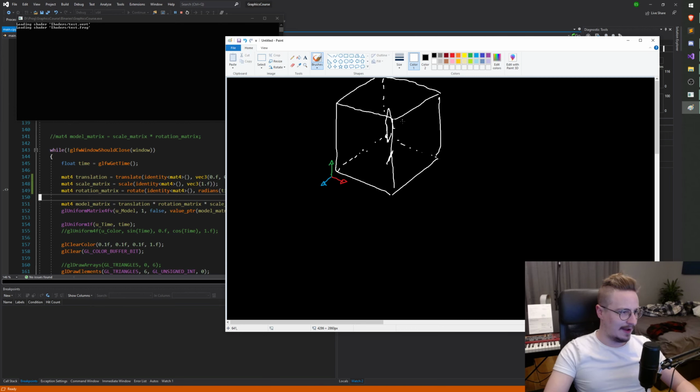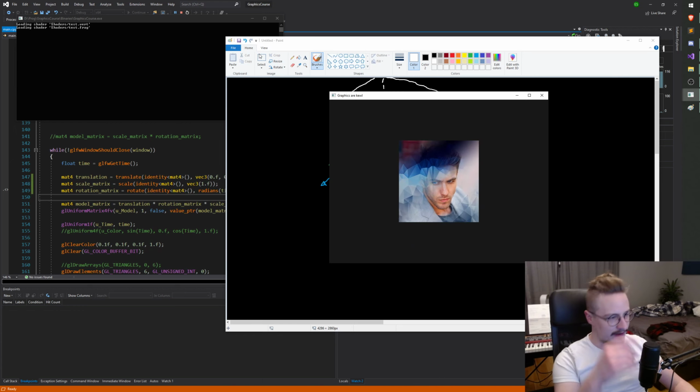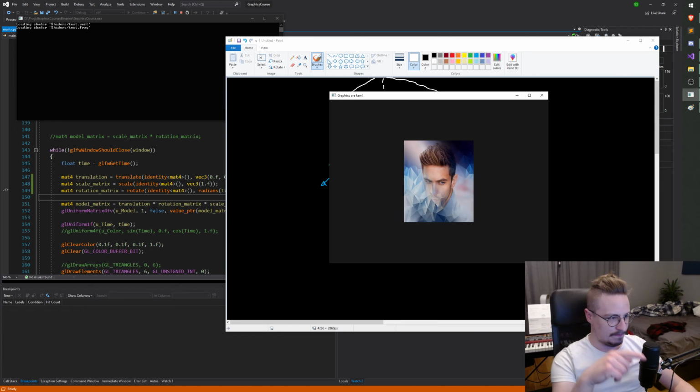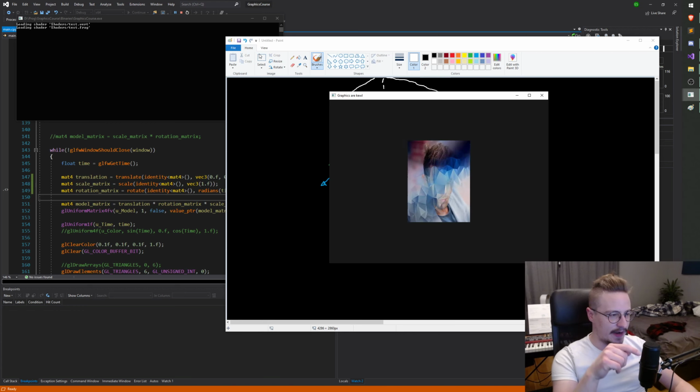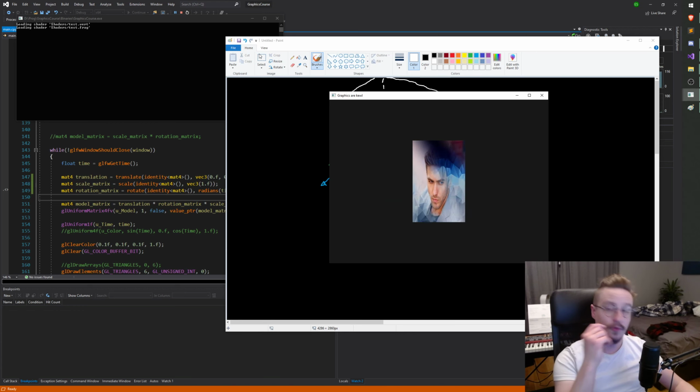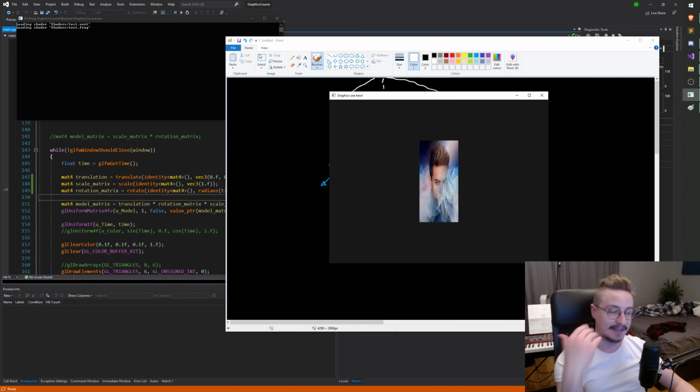So we're filling up more space in this cube. Its vertices are moving along the Z axis of this NDC cube. So even though it doesn't look like it, the vertices of this spinning square are actually moving through the Z axis, moving back and forth.